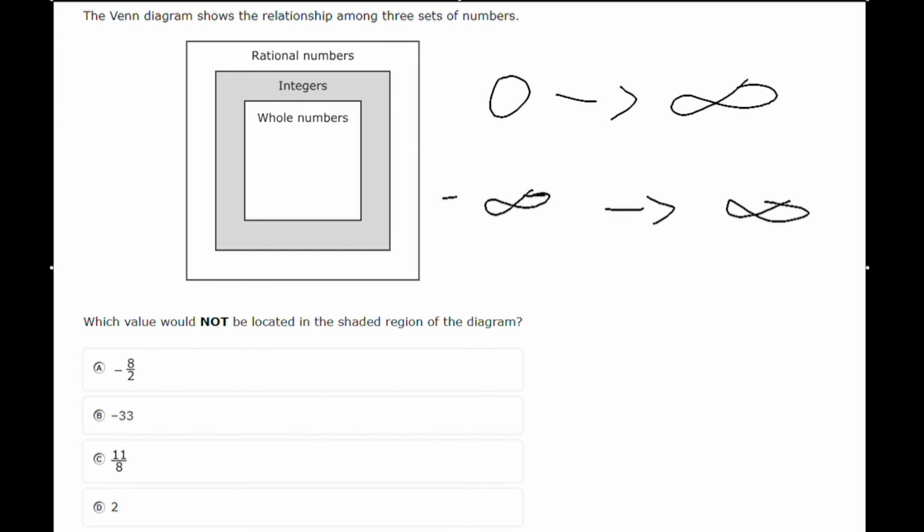Here's a bonus tip. Your irrational numbers, I'll say IR, irrational numbers are going to be all your numbers that are not repeating decimals. Okay, so these are numbers that cannot be expressed as fractions.